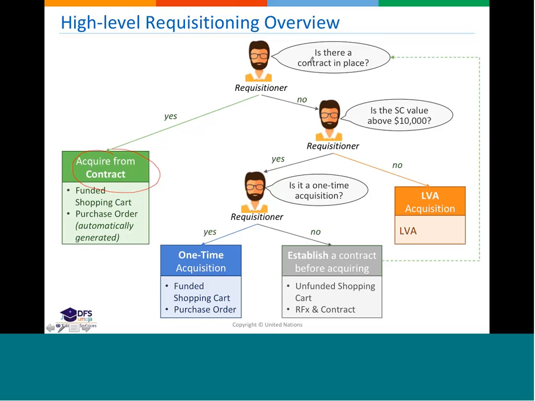As you know, we have a system contract with Cisco, we have system contracts with the major medical companies, etc. However, we don't have system contracts or local contracts for all the products that we may require to buy, because there are some products that we just need to acquire once and we don't forecast to need it on a recurrent basis.